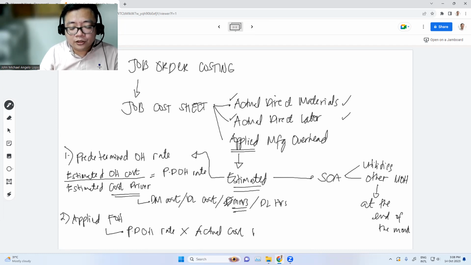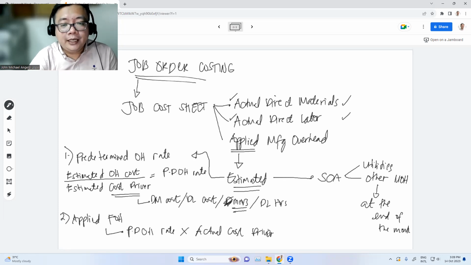If your estimated cost driver is your direct machine hours, our applied overhead is the predetermined overhead rate multiplied by the actual cost driver, which is the actual machine hours. Mamaya, we will discuss it one by one, particularly our journal entries, particularly in our job order costing system.